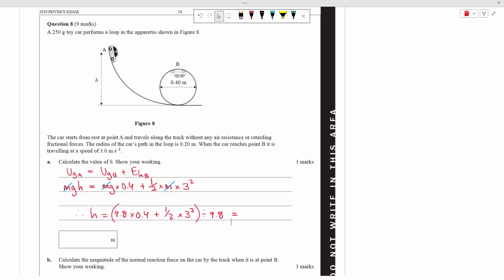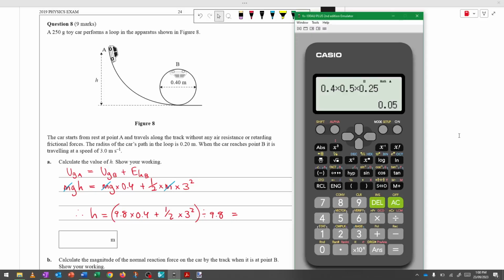If we calculate that, let's have a look. So 9.8 times 0.4 plus half times 3 squared, or 9, and all of that divided by 9.8. 0.86 meters.